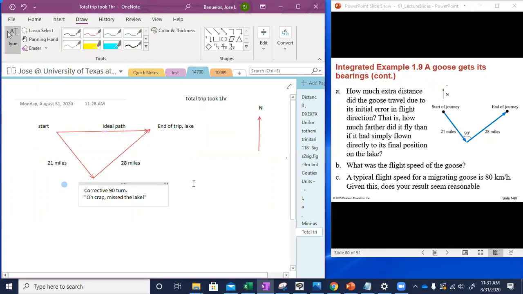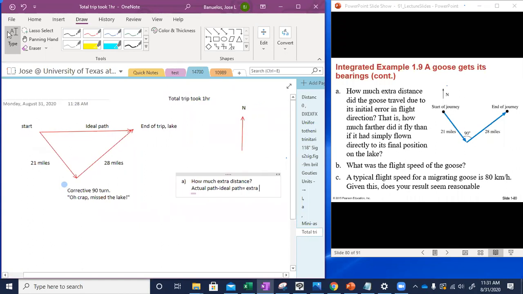So for part A, really what they're asking is, how much extra distance did it go? The idea here is going to be to take the actual path minus the ideal path, which is going to give you the extra amount that he traveled, okay?